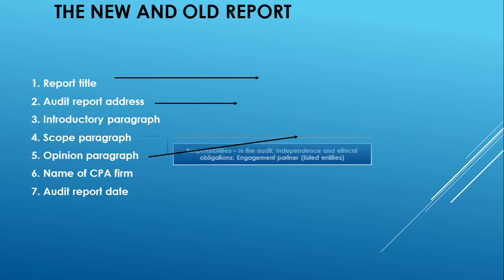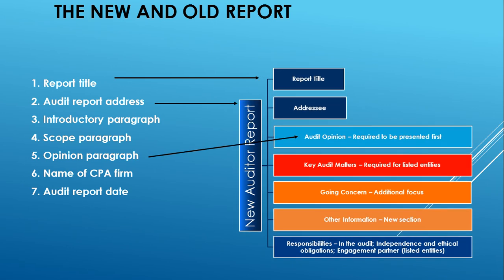Okay, now we have the new report. This is the new report issued by the IAASB, and this is ISA number 700, which discusses the new report.